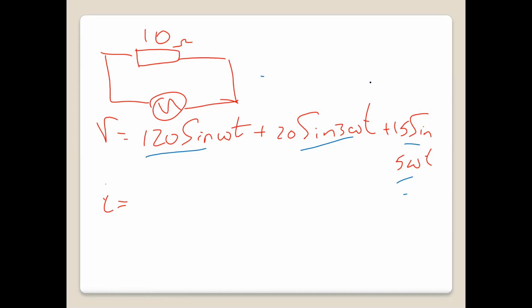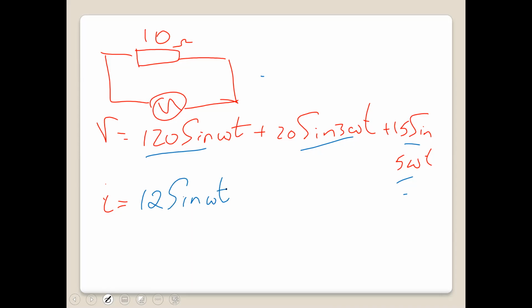So the frequency, since it's purely resistive, sir, it wouldn't affect the resistance. Okay. Fair enough. Frequency does not affect the resistance. So for the fundamental, what's the corresponding current? It would be 120 divided by 10, which is 12. So the angle would be 0, 12 sine omega t. There's no phase shift.